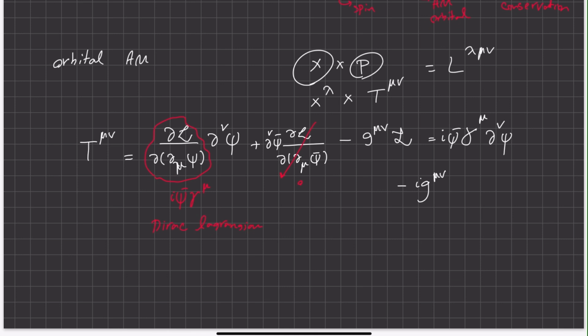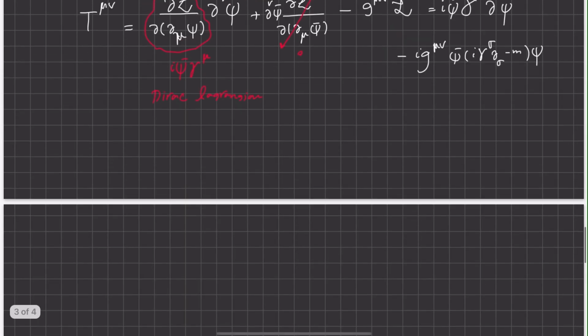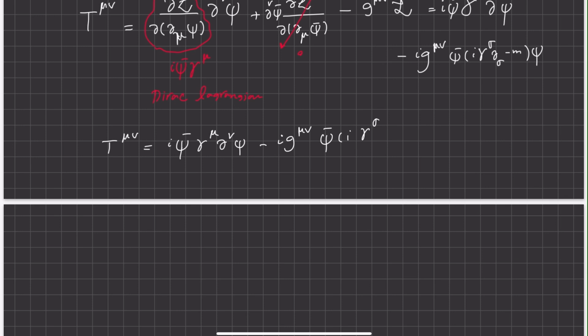Now the Lagrangian is psi bar times i gamma sigma, the sigma derivative, minus m psi. So that's the energy momentum tensor. The energy momentum tensor is equal to i psi bar gamma mu, the nu-th derivative of psi, minus g mu nu times psi bar (i gamma sigma, the sigma derivative, minus m) psi.